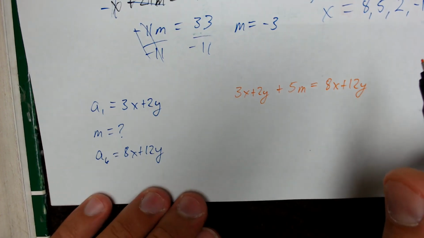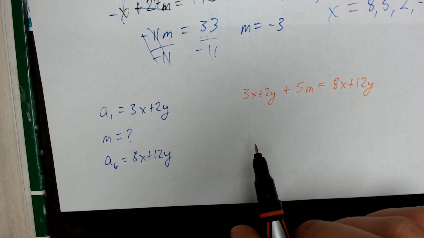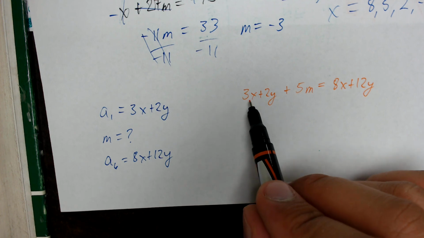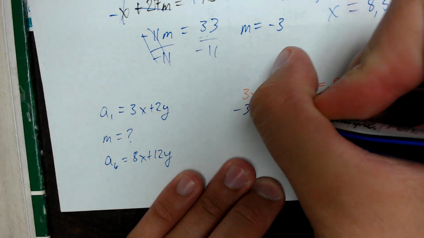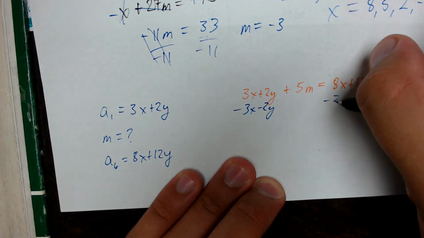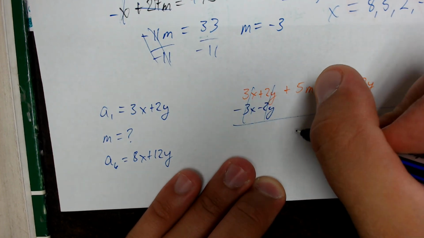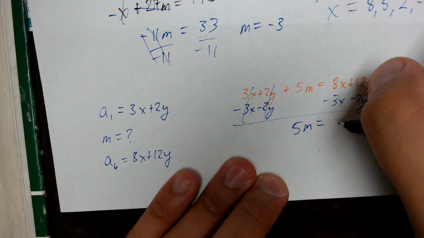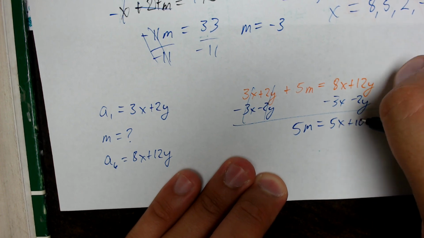Great. So now, let's see what we can simplify. First thing, I want to move these to the other side, so let's do that. Let's move negative 3x minus 2y, negative 3x minus 2y. So then I've got 5m is equal to 5x, and then plus 10y.